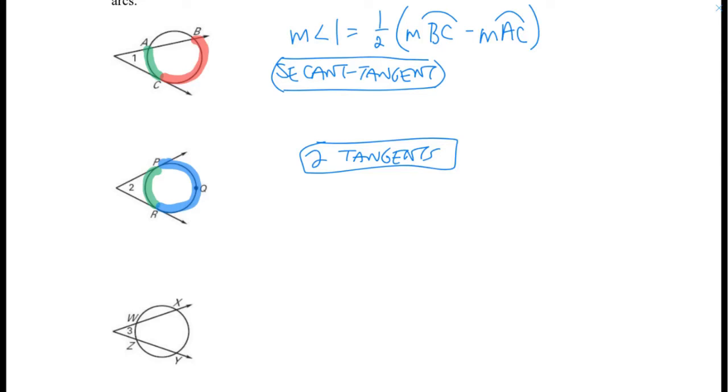Because they're tangents, those are our 2 points of intersection, and then our entire circle is split into two parts there. So this is going to be equal to half the difference of the larger arc, which in this case is major arc PQR, and the minor arc, which would be arc PR.